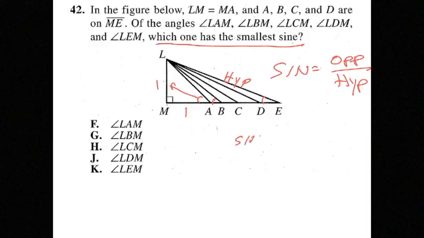Remember, sine of 0 is equal to 0. And then sine starts going up, up, up, and then it maxes out at 90 degrees, which has a sine of 1. Then it comes back down. So the one that's the smallest angle will be the smallest sine, and that means that it would be LEM, making K the answer to 42.